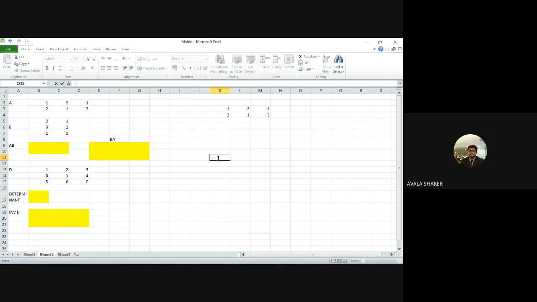If I just say equal to M, can you see this array is highlighted? So every time I don't have to select this array, I have given it a name, which is M. It will take that array into consideration for calculation.